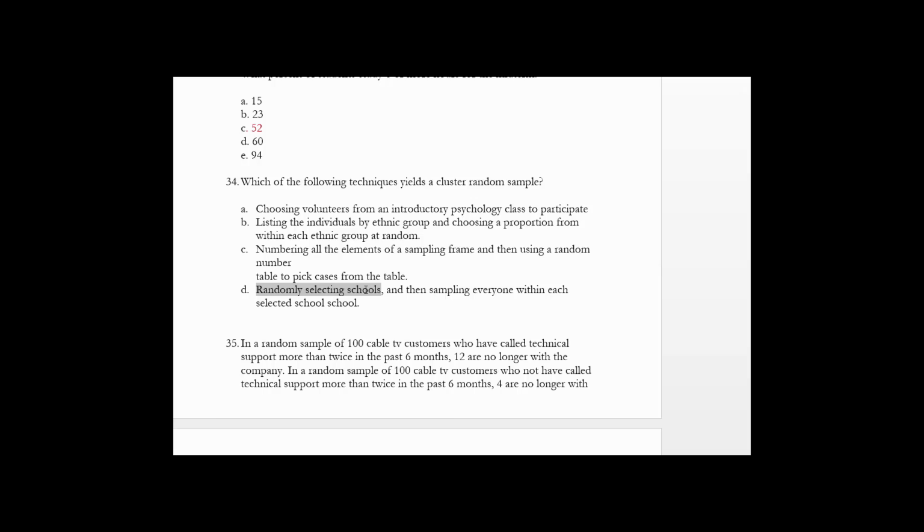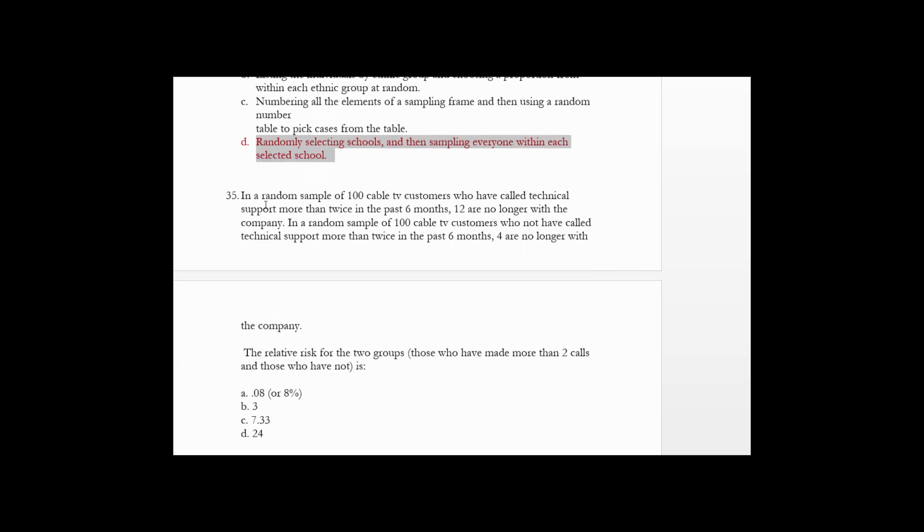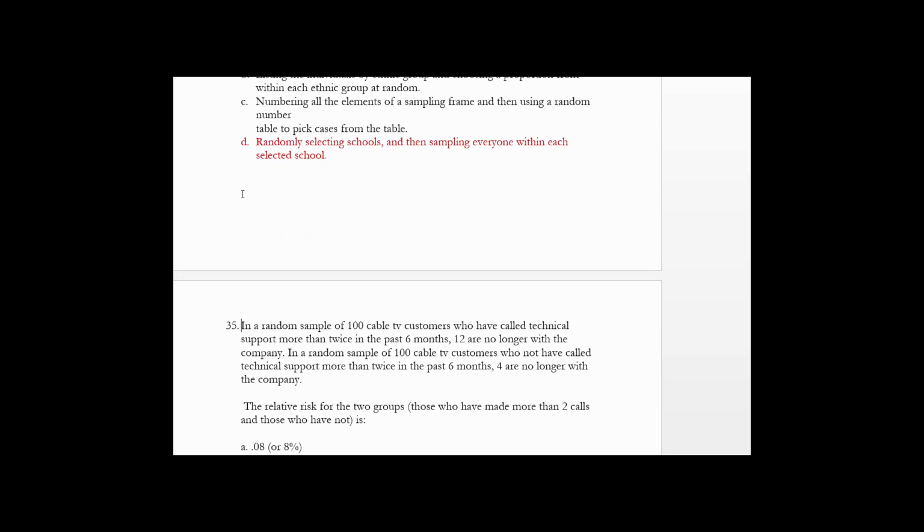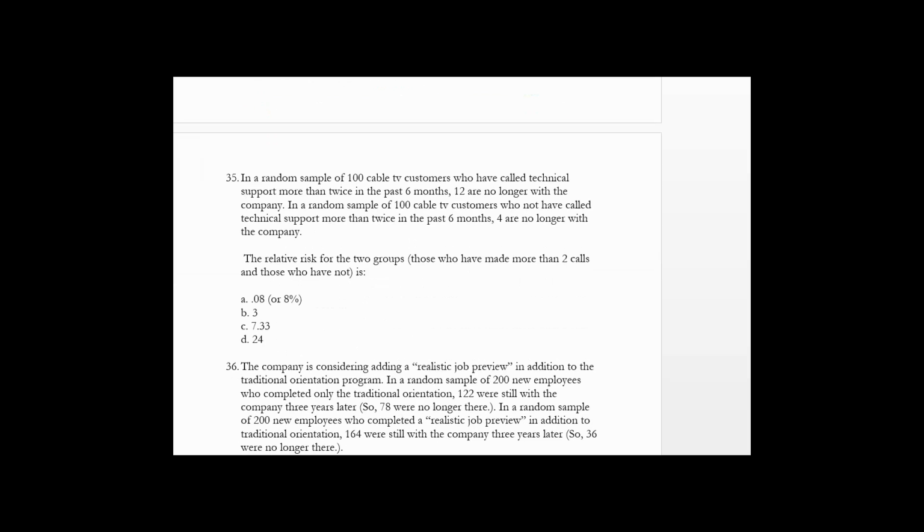Maybe we get 10 schools in the state of Arkansas, and then sample everyone within each of those selected schools. But there we go. And I think I'll stop here.